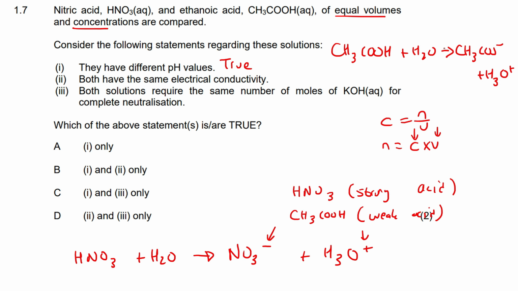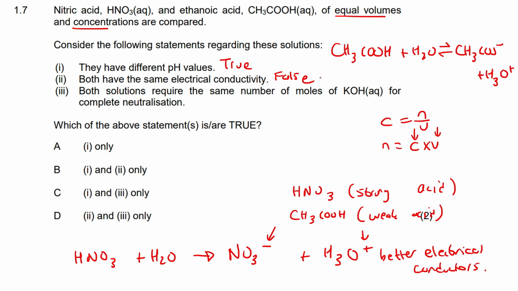However, we know that this reaction doesn't really want to take place in the forward direction, and it always ends up going also in the reverse direction. So the amount of ions you will produce with a weak acid is not going to be nearly the same as the amount of ions you can make with a strong acid. So in the strong acid, you will have more ions. So this one is a better electrical conductor. Strong acids are better electrical conductors because they produce more ions.